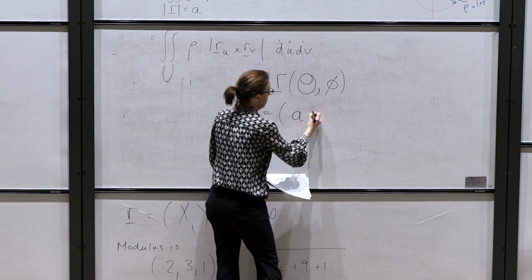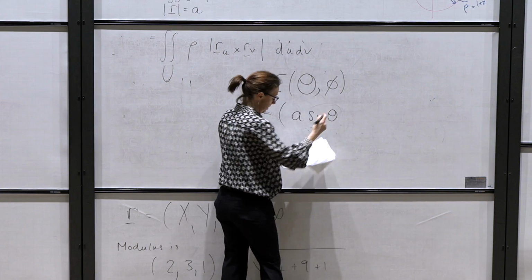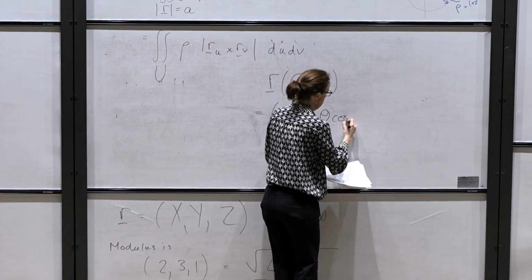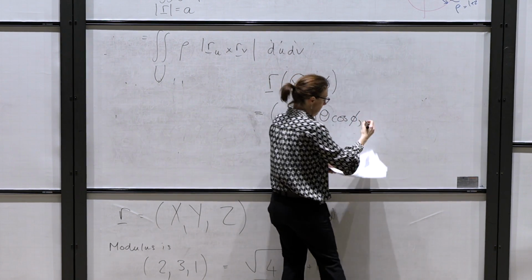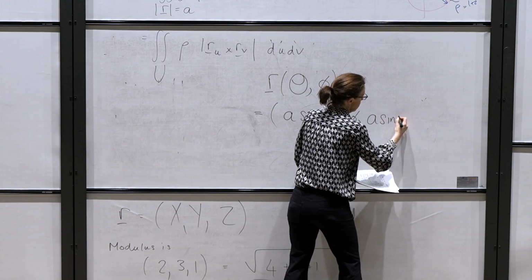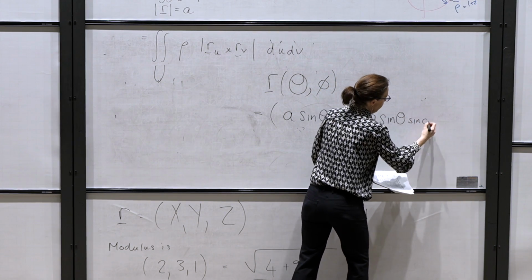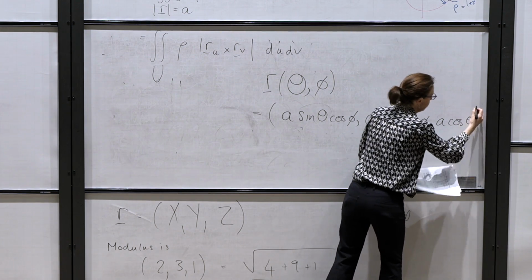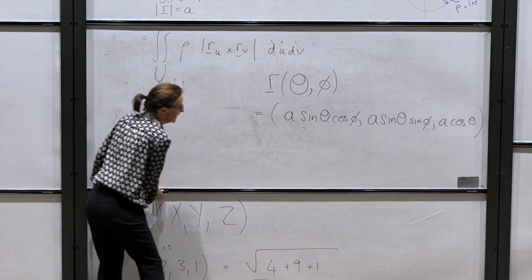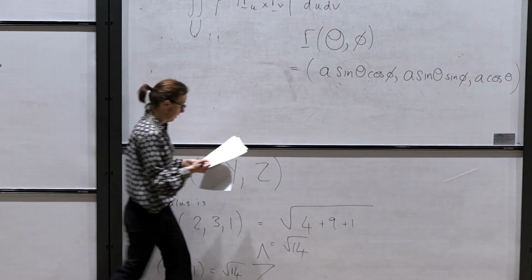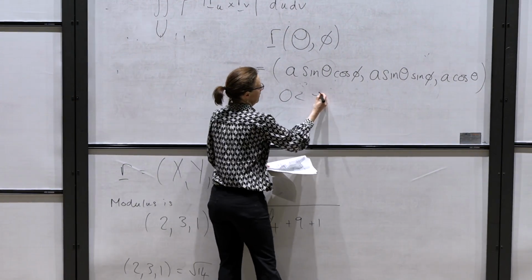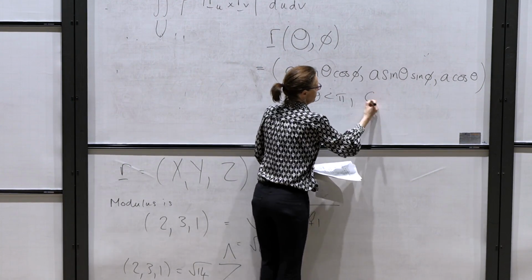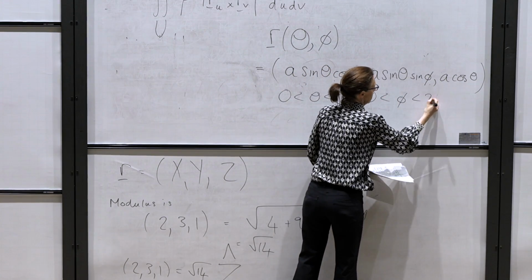So it becomes a sine theta cos phi, a sine theta sine phi, a cos theta, as we saw in the last lecture, and then theta goes between 0 and pi, and phi goes between 0 and 2 pi.